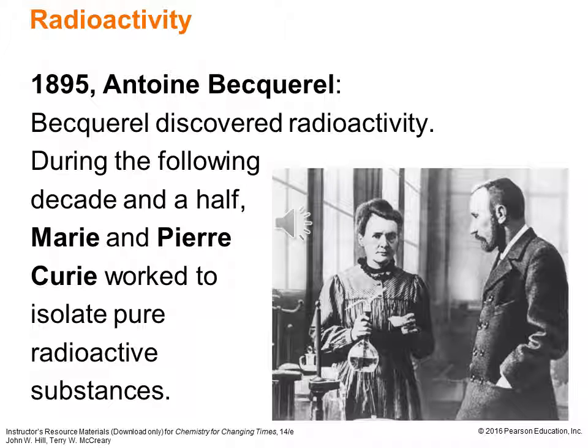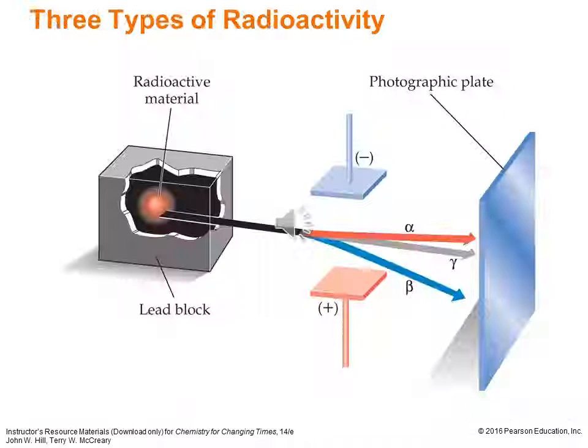Radiation caused cancer likely, but I think that if you asked her today, she'd probably say it was worth it. So important discoveries. Pierre was killed in a horse cart accident, but Marie lived quite a bit longer and did quite a bit more work in the area of chemistry and physics.